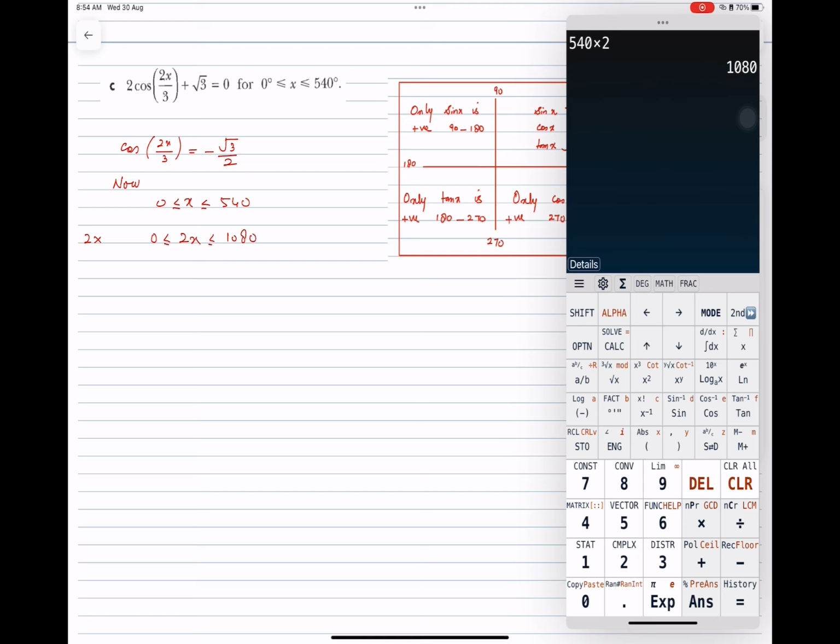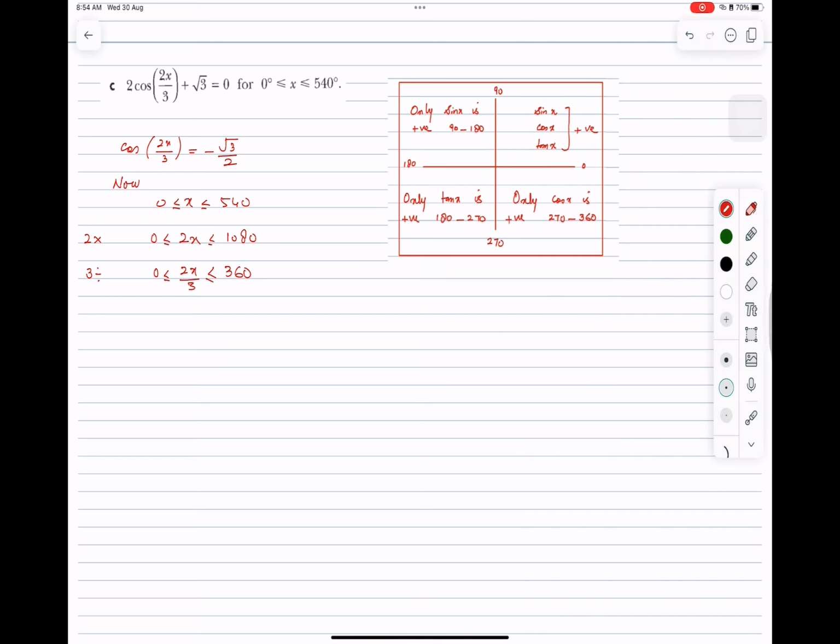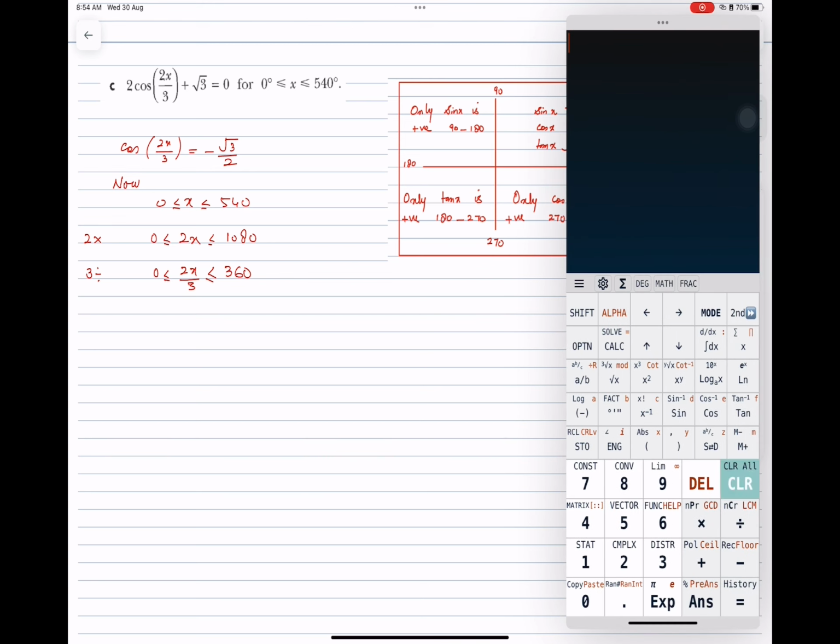And then you have to divide this whole inequality by 3. That will be 0 is less than or equal to 2x over 3, less than or equal to 360 degrees. That means now we have to calculate our angle from 0 to 360 degrees.